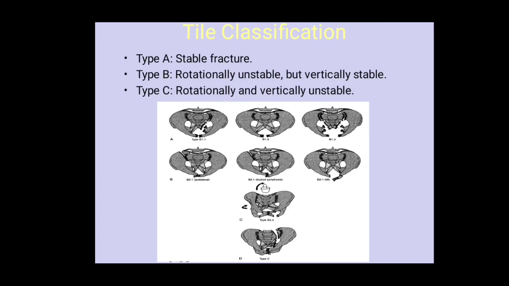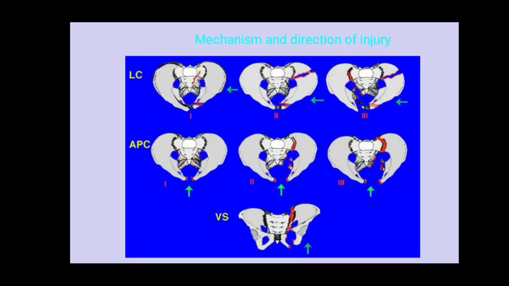And for type C, we have both rotational and vertical instability. Also, according to the mechanical force applied, the injury of pelvic bones may be due to lateral compression, as shown in the upper row, anterior-posterior compression, and vertical shear, as shown below.